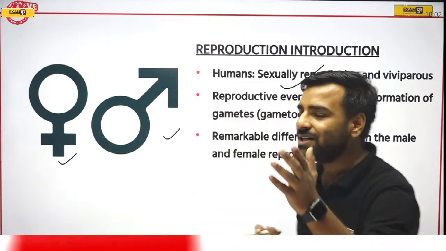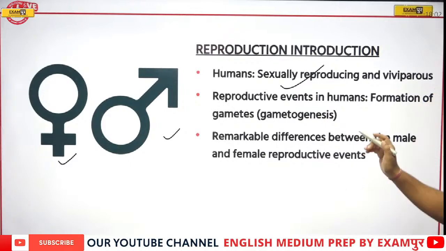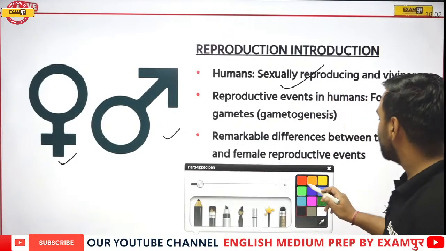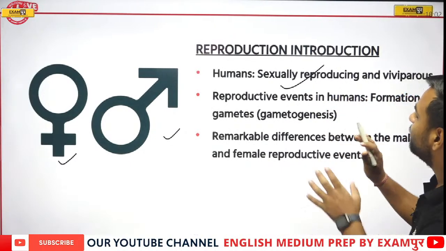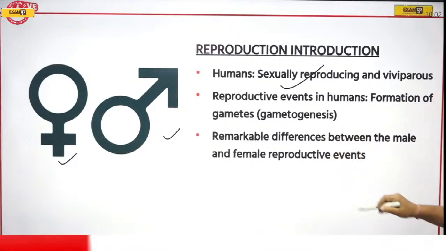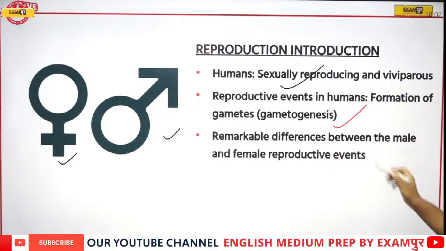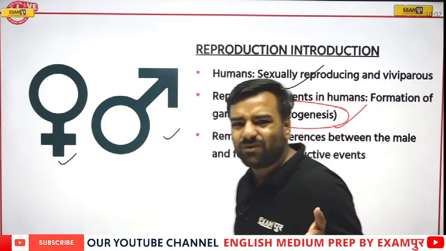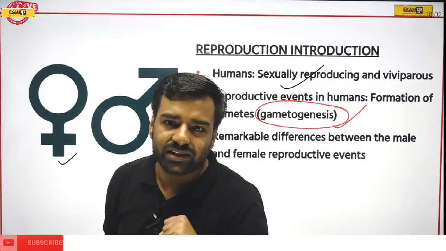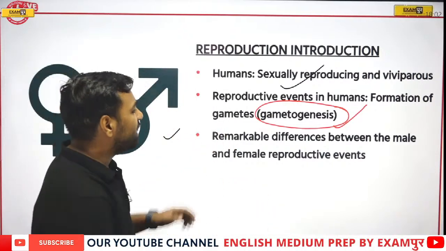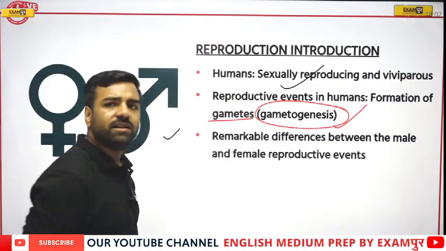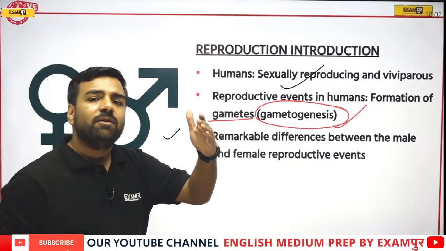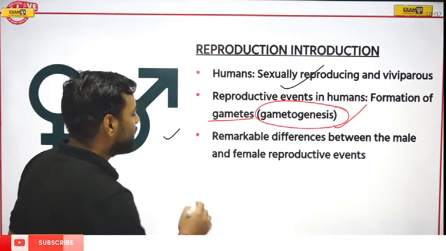So yes, we were talking about humans. Humans reproduce sexually and are viviparous. Now these reproductive events begin with the formation of gametes, and this process is gametogenesis. Now you must be wondering, sir, what is gametogenesis? Let's understand. What is a gamete?